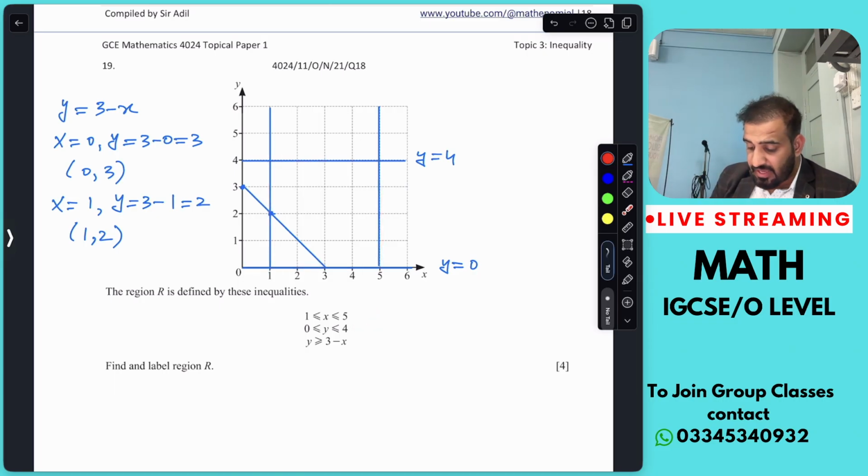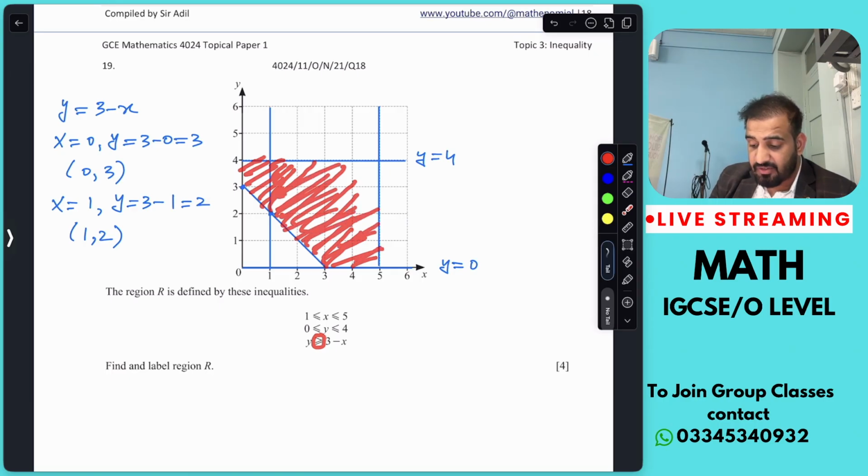Now, we have greater than or equal to. Greater than or equal to means above this line. So above this line means everything above this line. But if you combine it with the shading of the first two inequalities, this portion is extra, okay?